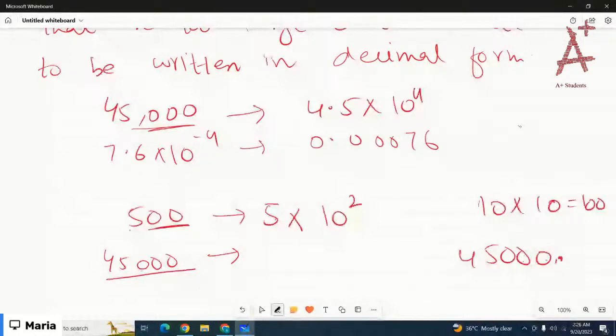You have to move the decimal point 4 digits back from here to here. So it would be 4.5, and you moved it 4 digits back, so it would be 4.5 times 10 exponent 4, right? If you multiply them, 4.5 times 10 exponent 4 is the same as 45,000, right?